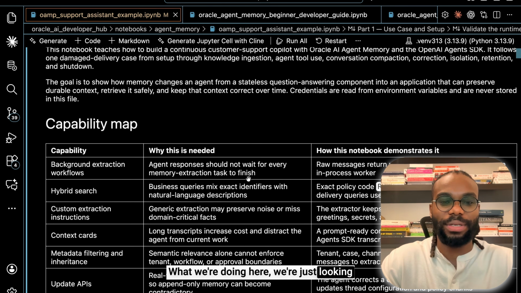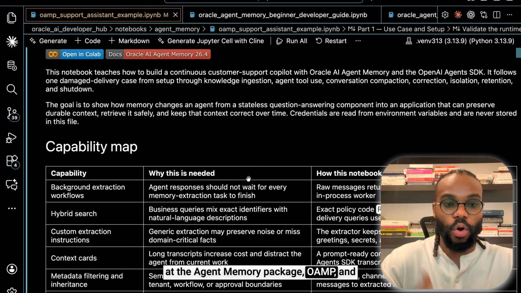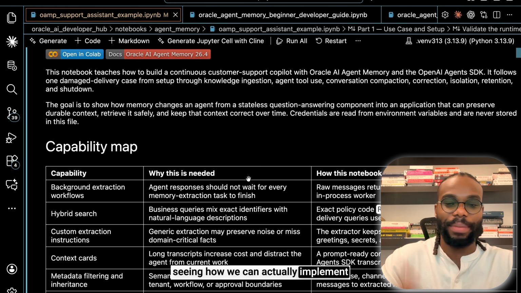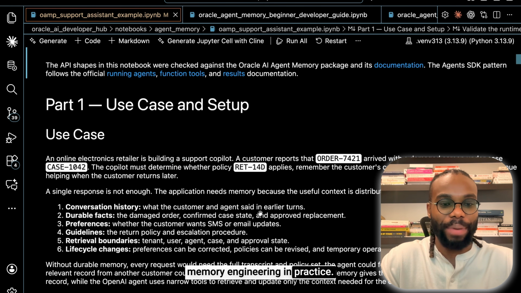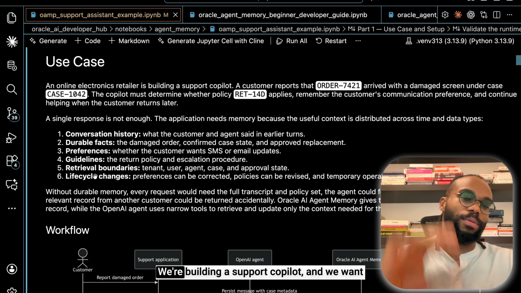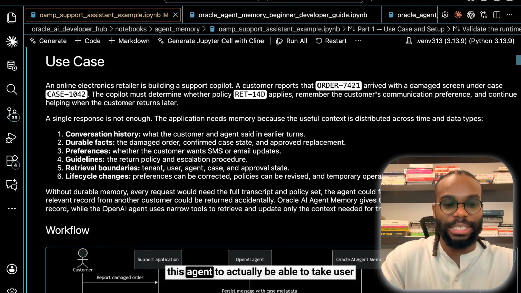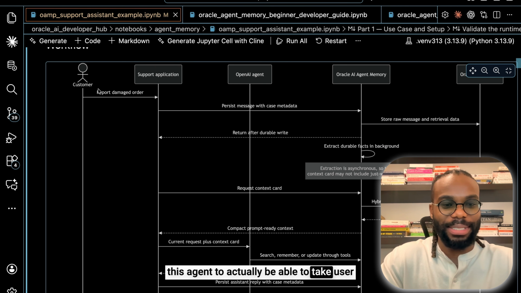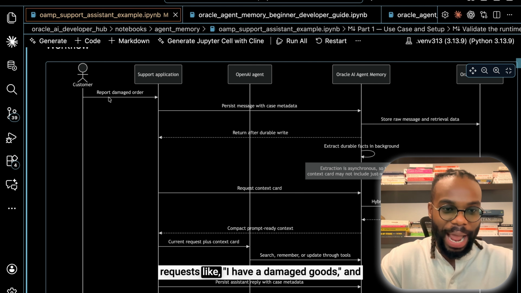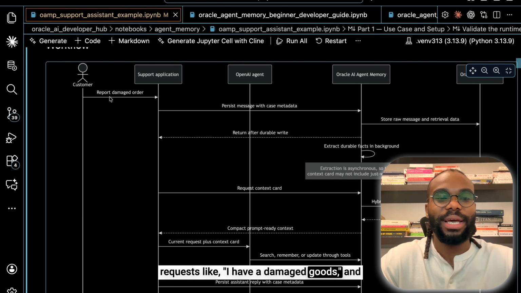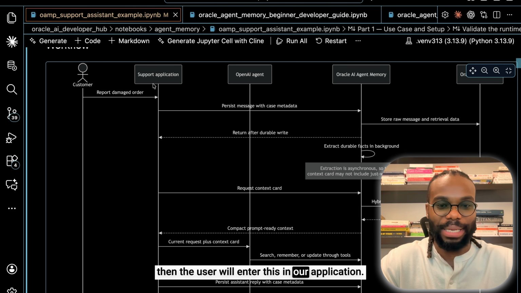What we're doing here is just looking at the agent memory package, OAMP, and seeing how we can actually implement memory engineering in practice. The use case is very simple. We're building a support copilot, and we want this agent to be able to take user requests like "I have damaged goods," and the user will enter this in our application.